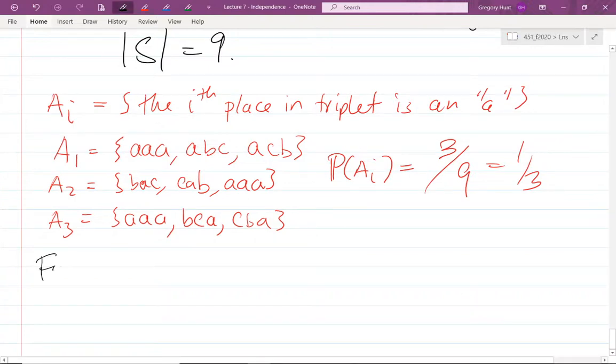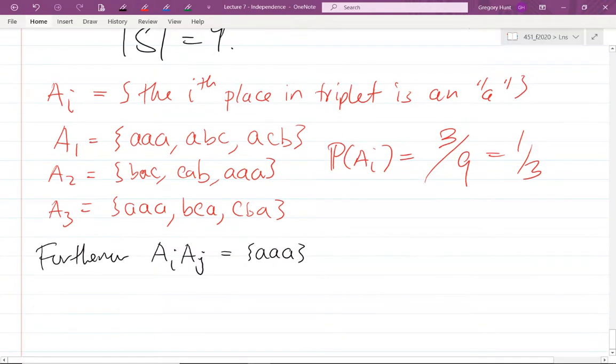Furthermore, if we look at Ai intersect Aj, this is just going to be the triplet AAA. So if we want to pairwise check this independence rule, then we know that the probability of Ai Aj is 1/9.